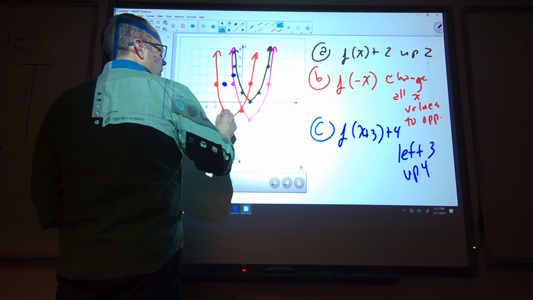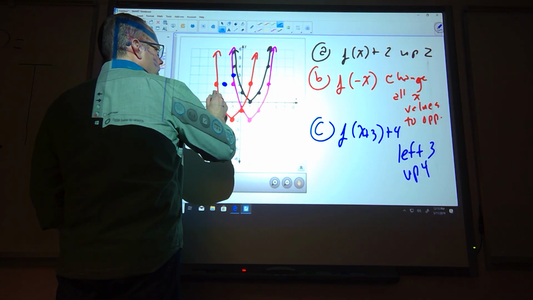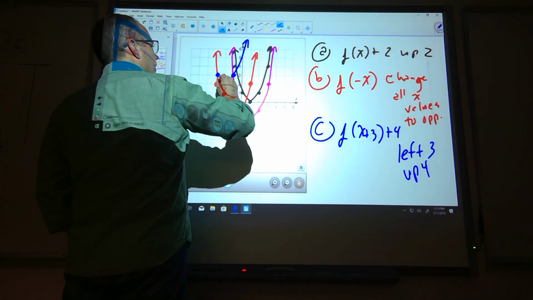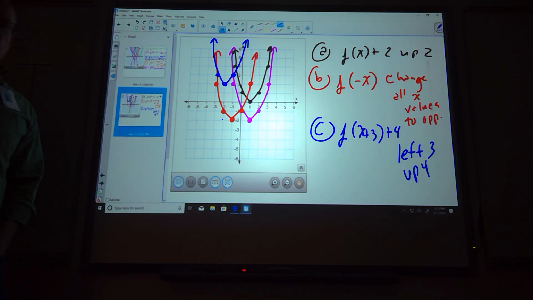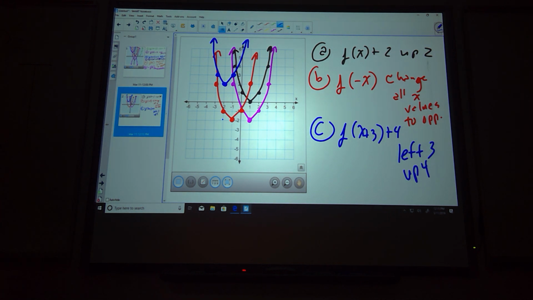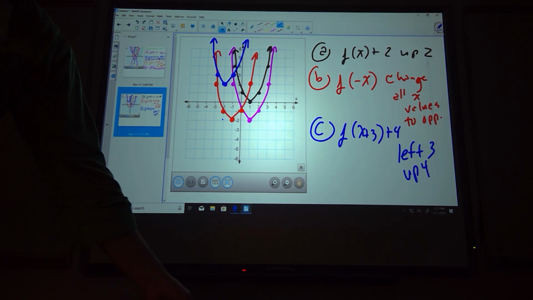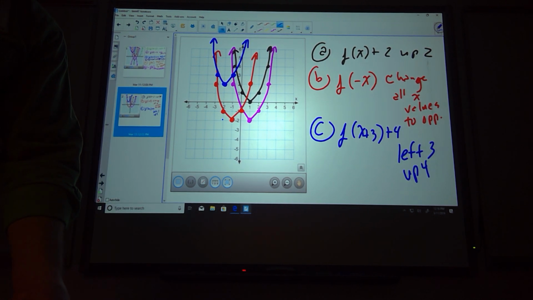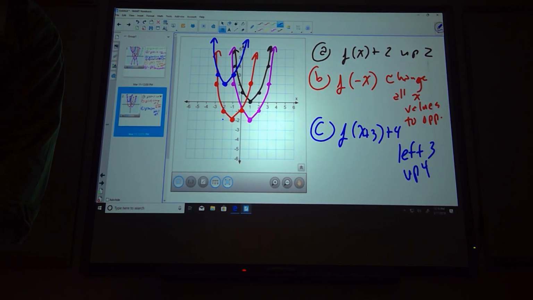Left 3, up 4. And I can't even do any more because it's off the grid. So shifting around side to side, back and forth, all those. Hang on to that sheet because there's more that we will work on with that later.